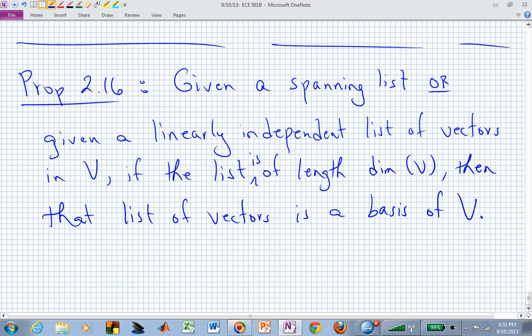If that list has a length equal to the dimension of V, then that list of vectors is a basis of V.